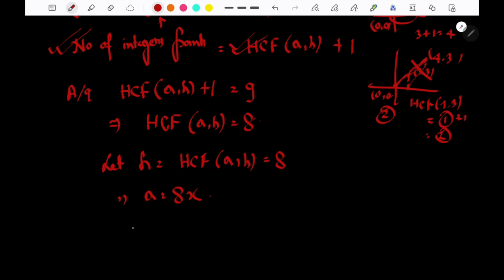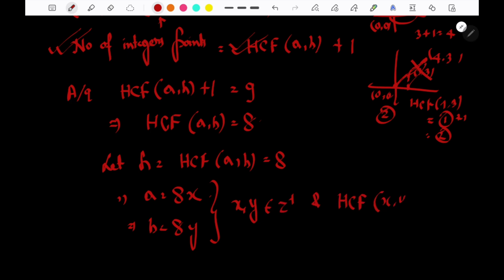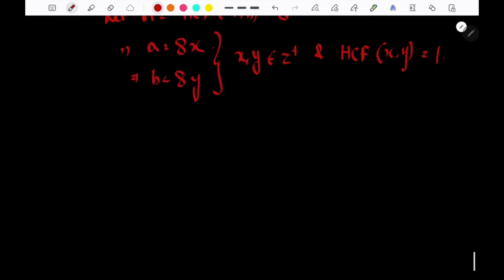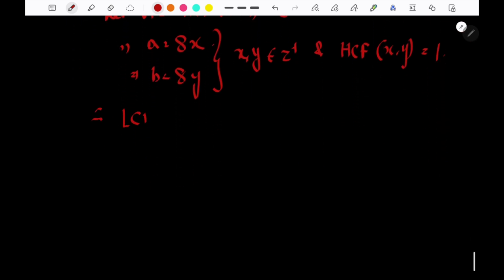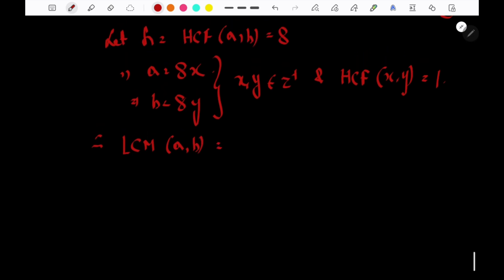So therefore a can be written as 8x, b can be written as 8y. Now x, y belong to what? x, y belong to Z plus, and HCF of x, y is 1. Done. Now, the LCM of a comma b will be what? LCM of a comma b will be h into xy.